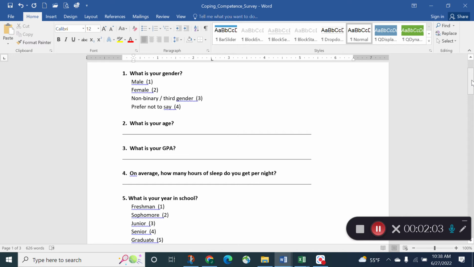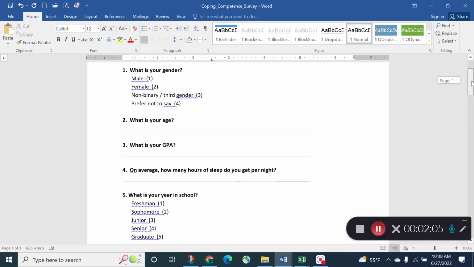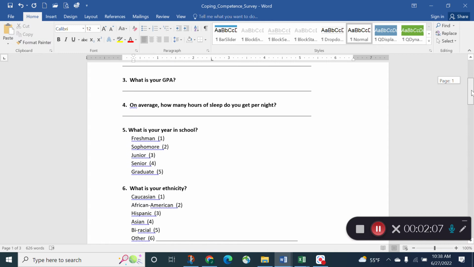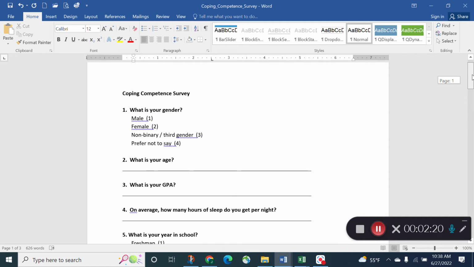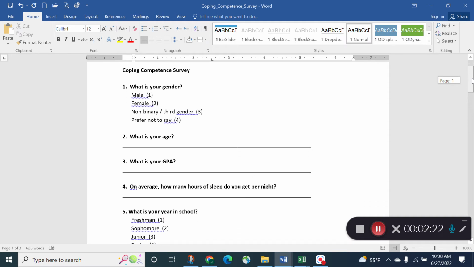So the way that you need to think about these first 6 questions, again, is that they are considered demographic questions. They are personal information about the participant that just gives you some background as to who is filling out your survey. 3 of them are considered qualitative, and 3 of them are considered quantitative. So the qualitative ones are the ones where the answers are provided.